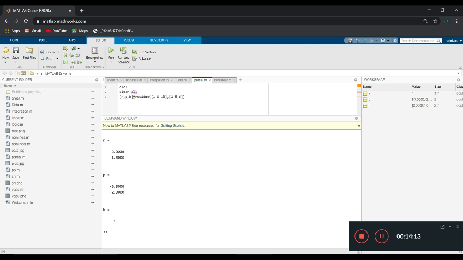It means 2 by x plus 3. When I evaluate x plus 3 equal to 0, we get the value of x as minus 3. So the corresponding pole of residue 2 is minus 3. The corresponding pole of residue 1 is minus 2. And the value of k is 1 because it is an improper fraction.